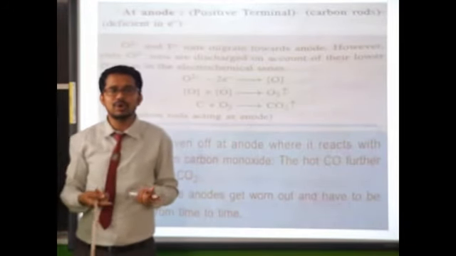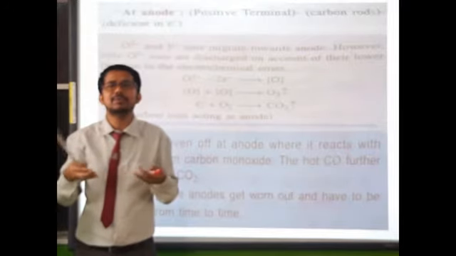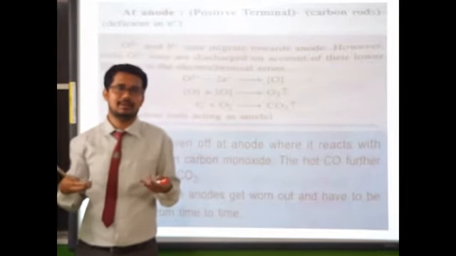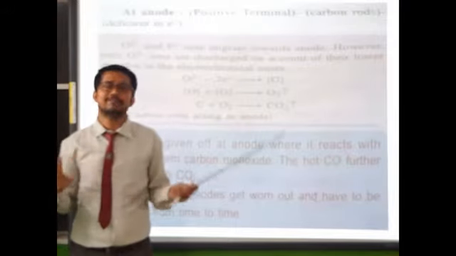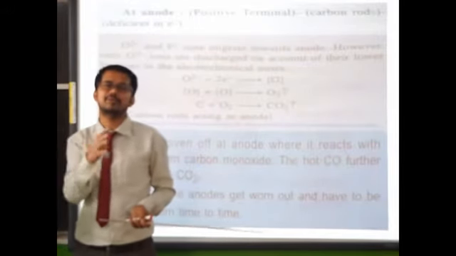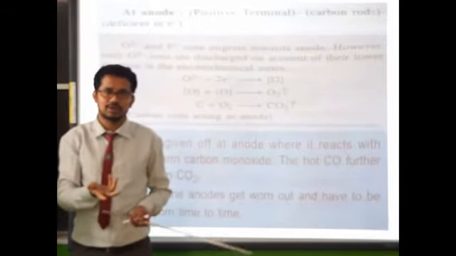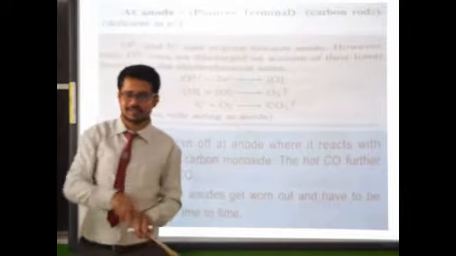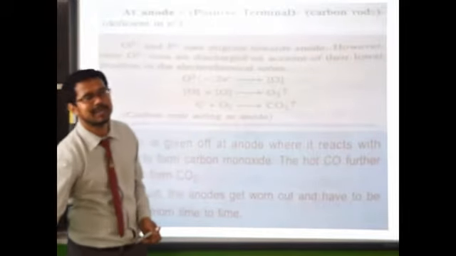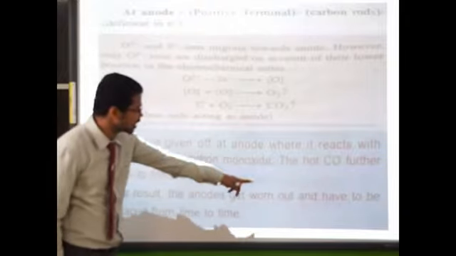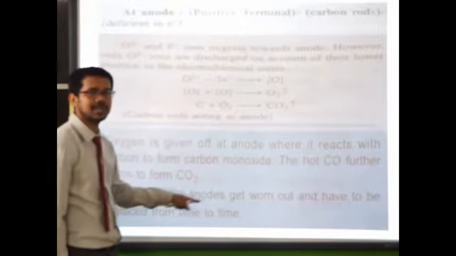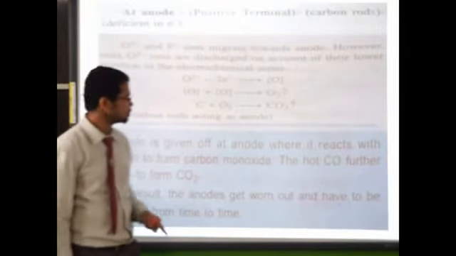So the carbon rod will be decaying, decomposing, and finally it will totally vanish. That's why before it vanishes, this anode has to be replaced. Because of this, the anodes get worn out and have to be replaced from time to time.